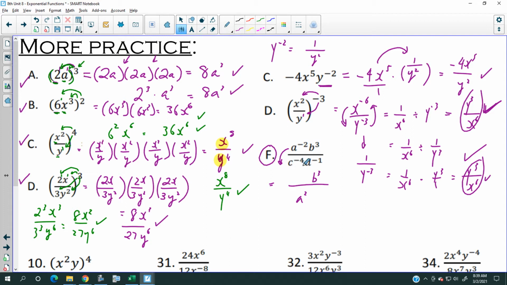You see c to the -4th power, that's got to come up. I'm going to bring it up after b because c comes after b. So c to the 4th power magically becomes positive. I also have to bring d up, d to the 1st power. That's it. If you want to make it nice and neat, b to the 3rd, c to the 4th, d, over a squared.